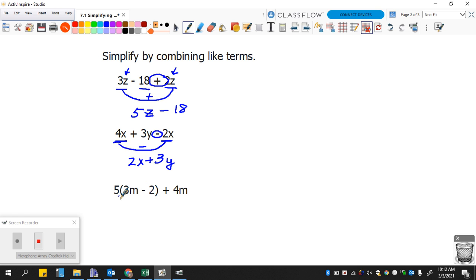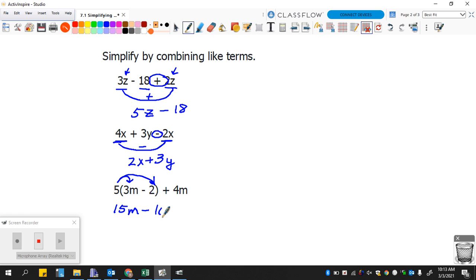This next one, we notice the parentheses, so we know we're going to have to do the distributive property. So we're going to say 5 times 3m is 15m. Minus 5 times 2, which is 10.